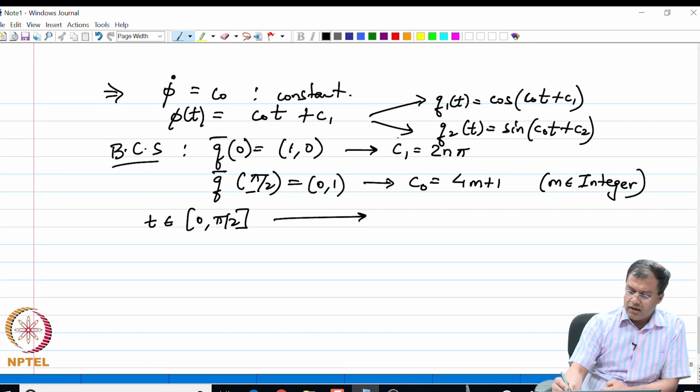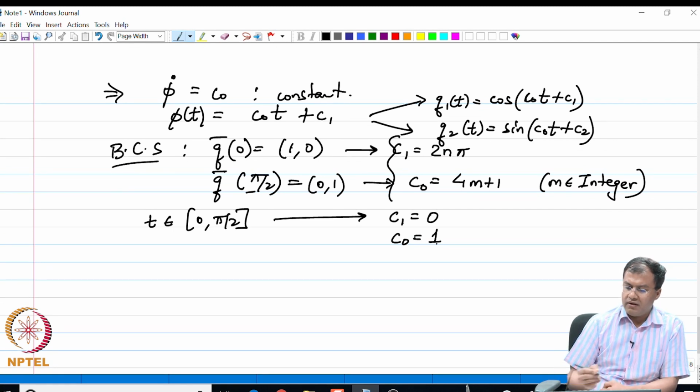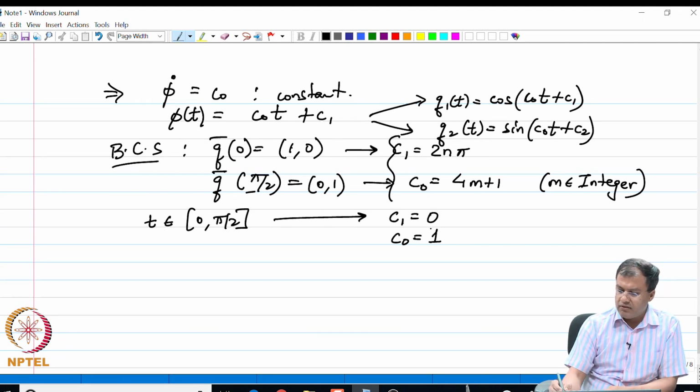Okay. So, t is from 0 to pi by 2, which tells us that it is only possible when C 1 is 0 or n is 0 and C naught is 1, right. So, t can remain in the first quadrant only when C 1 is 0 and C naught is 1, right.